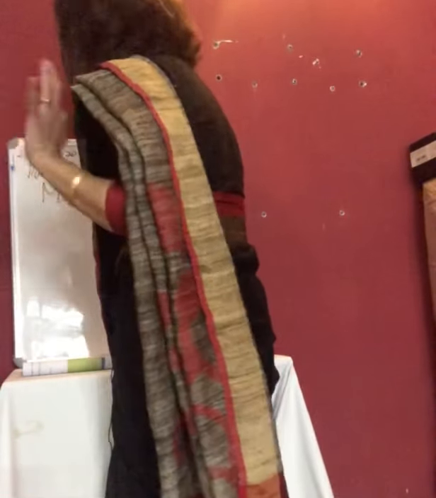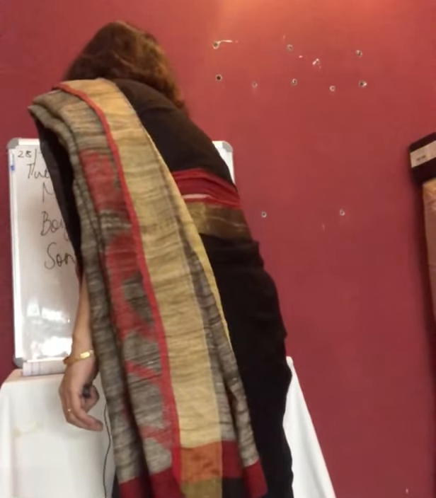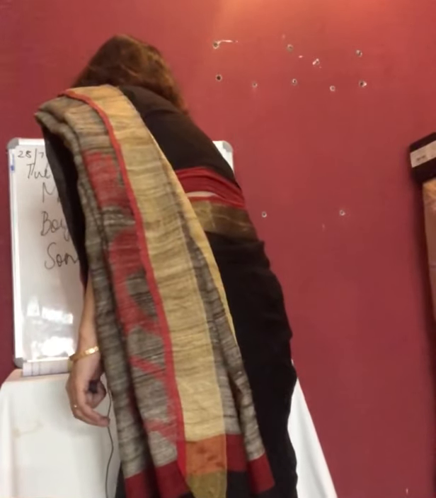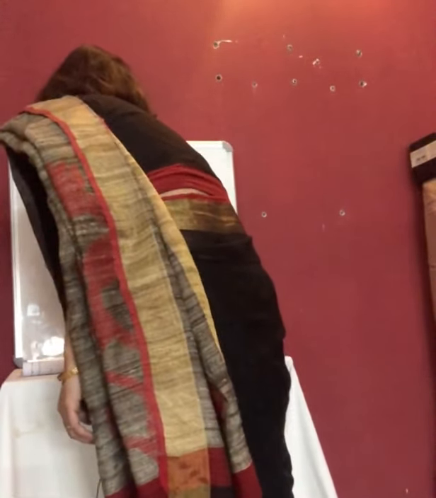Let me write on the board and then you can see it when I move. Let me give you the examples, okay? Listen to me carefully, children. Boy, son, uncle, grandfather, lion, monk.